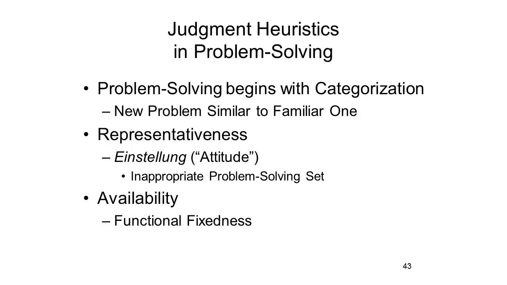In either case, whether Einstellung is induced by representativeness or functional fixedness is induced by availability, the subject won't be able to solve the problem. In order to get unstuck, he or she has to develop a new representation of the problem. And this can happen when something occurs to break the subject's mental set, or when the subject is presented with clues about alternative functions to consider.